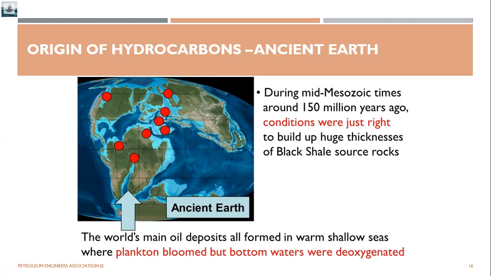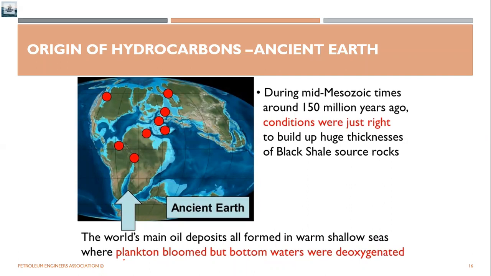Only then is it possible to get oil and gas. So the deposits of oil and gas you will find have their origin mostly in those areas which were warm and shallow in depth.